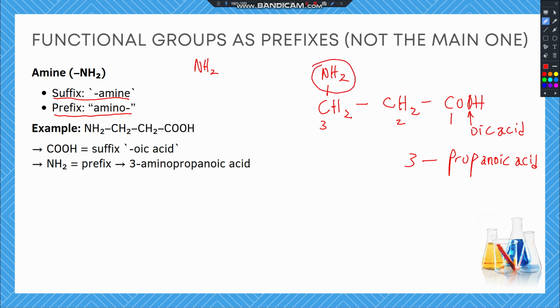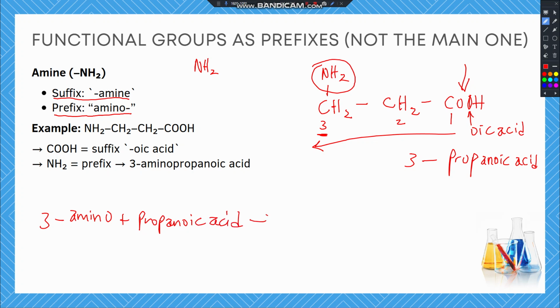And when we treat NH2 as a prefix, it has the name amino. So now it is on carbon number 3 because we're giving this one priority. So which means we're counting from the right to the left. So that means we have 3-amino plus propanoic acid. So altogether we have 3-aminopropanoic acid.